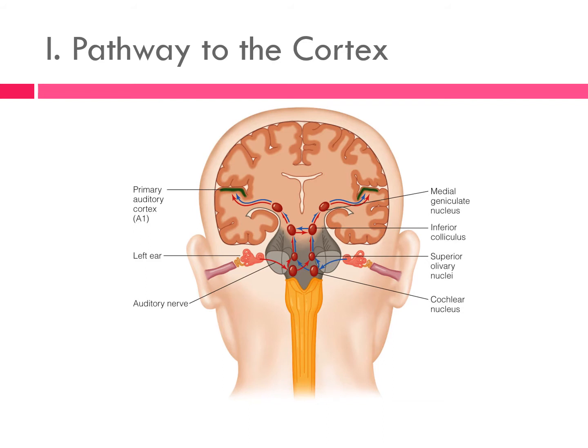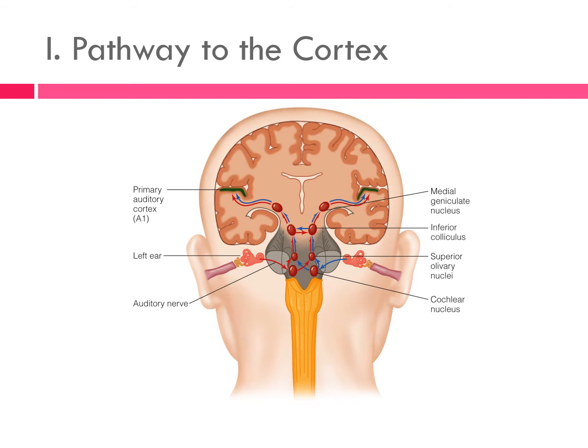Then that brings the information up to the superior olivary nucleus, or nuclei, as they're on both sides. All of these structures are bilateral on both sides of the brain, and you can see in this picture that there is some crosstalk. There's quite a bit of contralateral communication, but also ipsilateral communication, so information going up the same side.